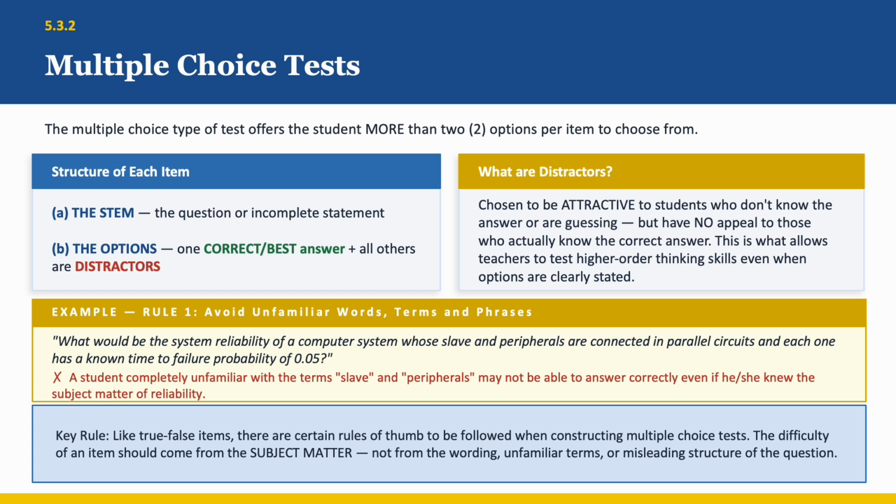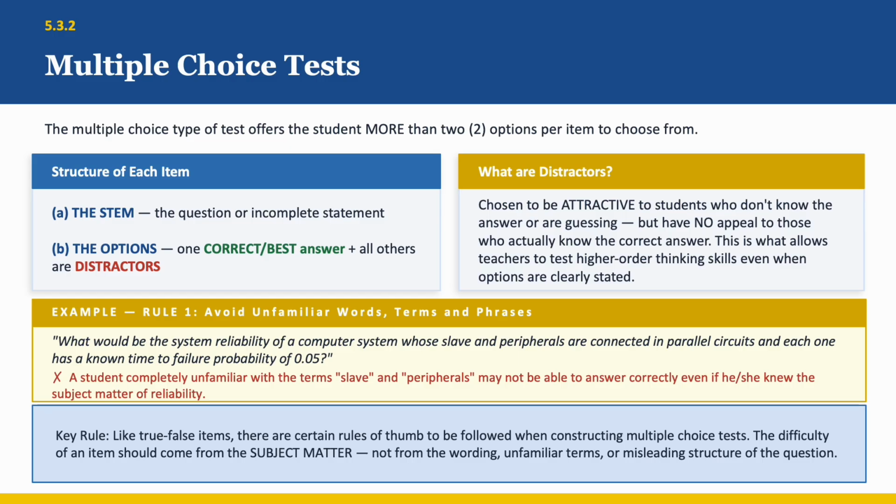So think about that. A well-crafted distractor is not just any wrong answer. It's a believably wrong answer. It should make a student who's unsure think, oh, that could be the right answer. But a student who truly understands the material should immediately see through it.